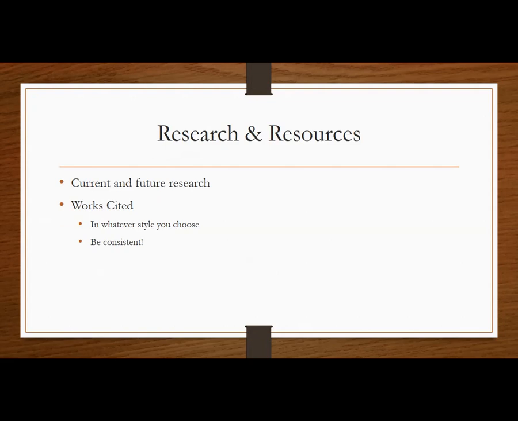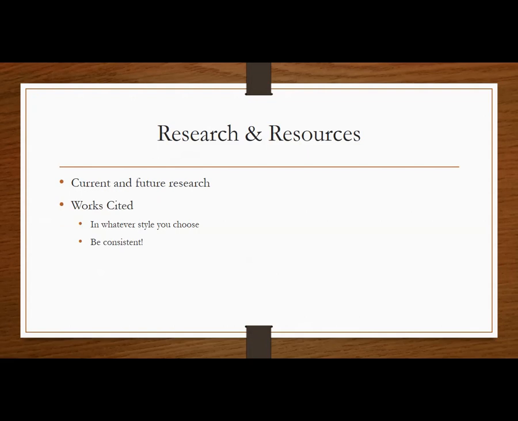Finally, wrapping it up, what are the current and perhaps some of the future research considerations for the crop? Are they trying to genetically engineer it to produce more biofuel? Also, we want to have the very last page reserved for your works cited.